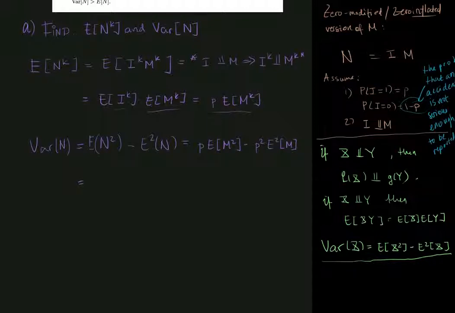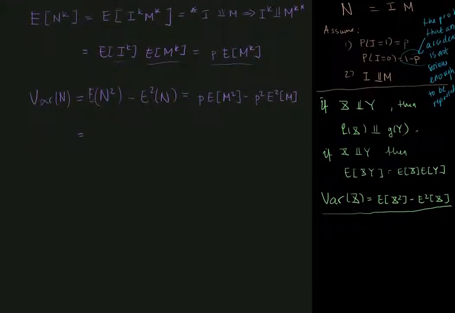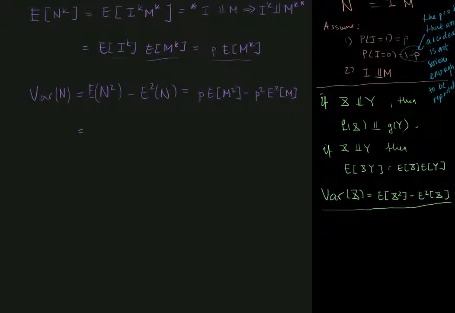Well, we noted before that the variance of something is given as the second moment minus the first moment squared. So if I were to try and in some way incorporate the variance of m inside this expression, I can sort of do that, right? By replacing its second moment here, since I know that the second moment of x is equal to the variance of x plus the square of the first moment, for any stochastic variable x.